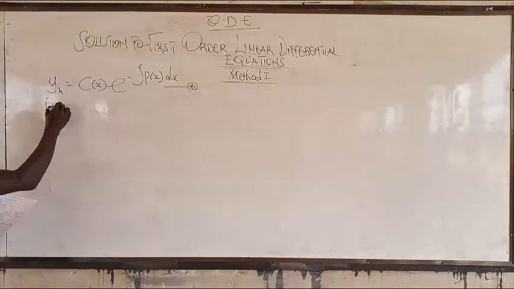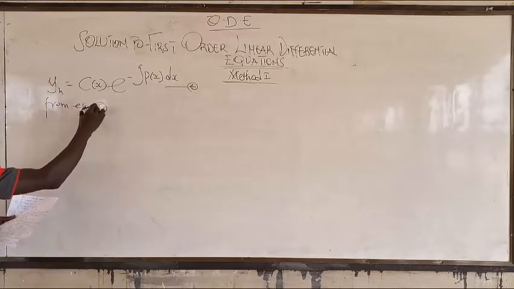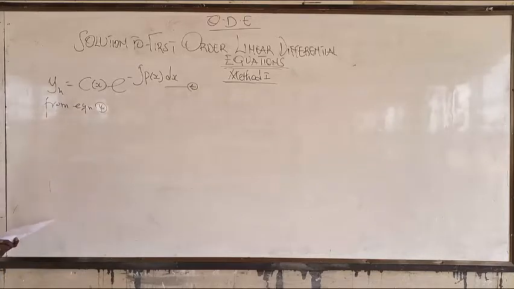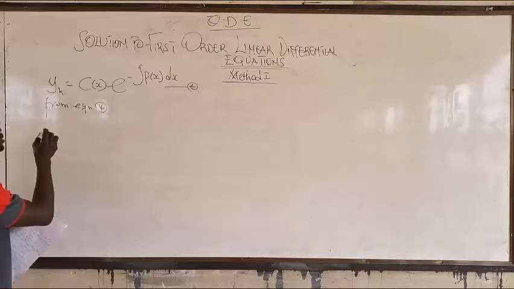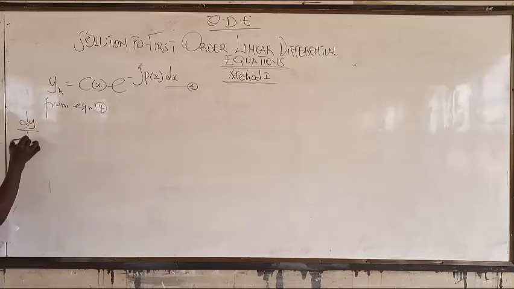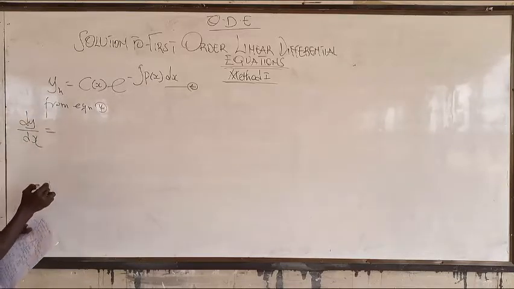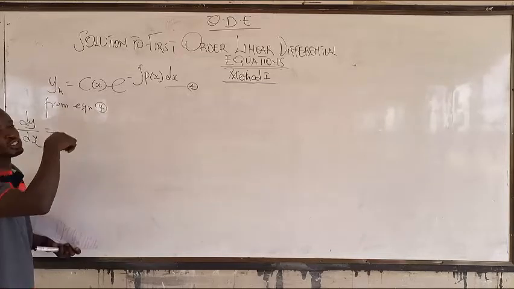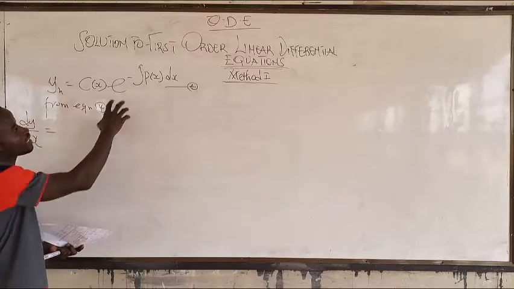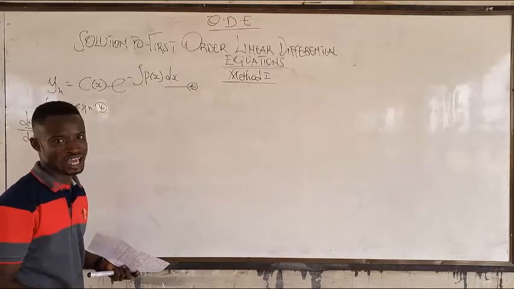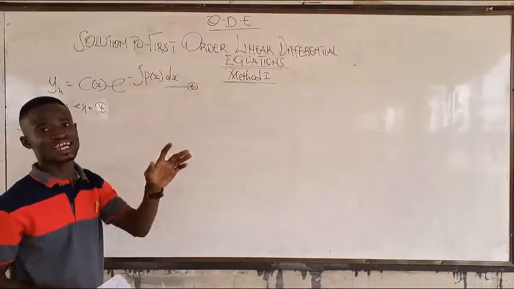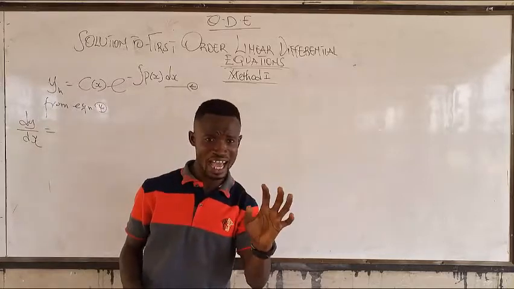So from equation 4, when you differentiate it, you are going to get dy/dx to be equal to, now this is a constant which is a function in terms of x, and the whole of this is also another function. So to differentiate the right hand side, we need to apply a product rule.